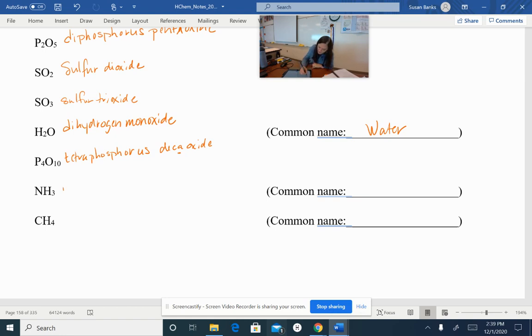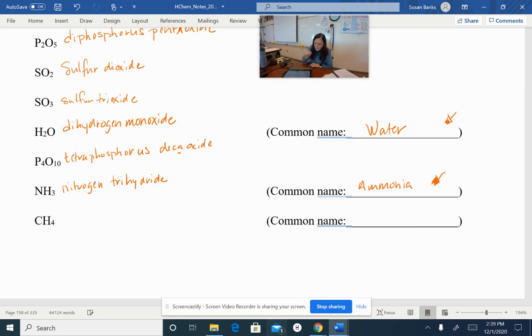NH3, nitrogen trihydride, commonly known as ammonia. If you've ever cleaned with ammonia, you know it has a very pungent odor. It's very sharp. We are going to use the common names. The common names are what you really should be using in this class.